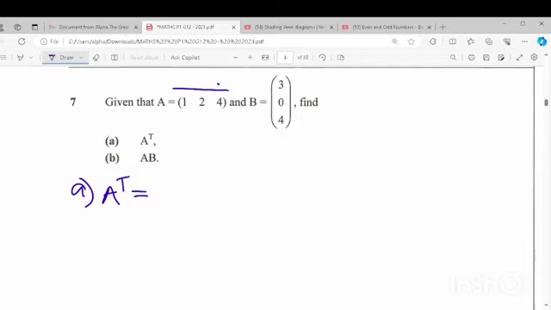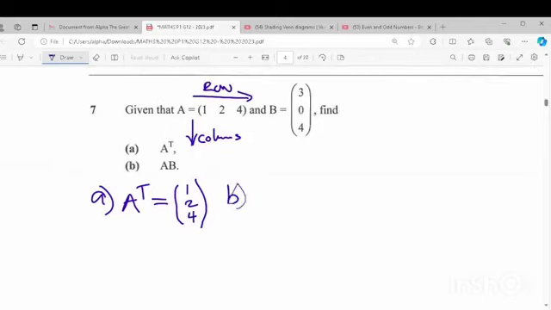The horizontal arrangement of numbers indicates the rows, and the vertical arrangement is called the columns. So for A transpose, they want you to change this horizontal arrangement of numbers into a vertical column. So we are going to have 1, 2, 4. This is the transpose of the matrix A.